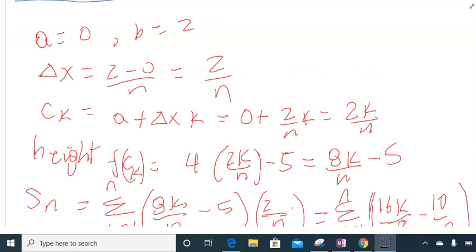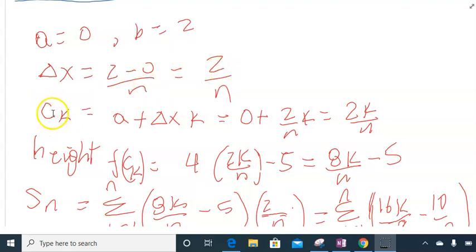If we let the endpoints of the closed interval be [a, b], then a is equal to 0, b is equal to 2, and delta x will be equal to (2 minus 0) over n, which is equal to 2 over n.